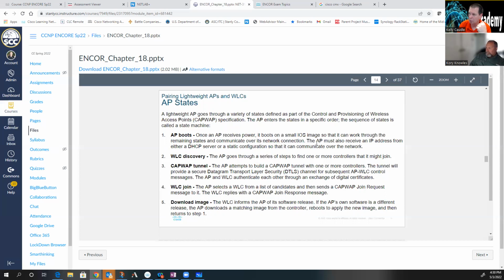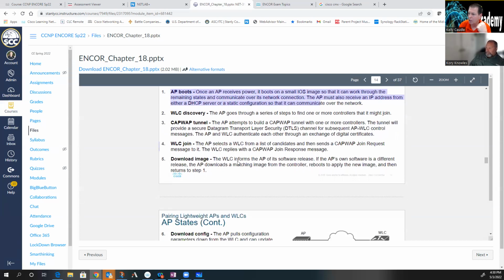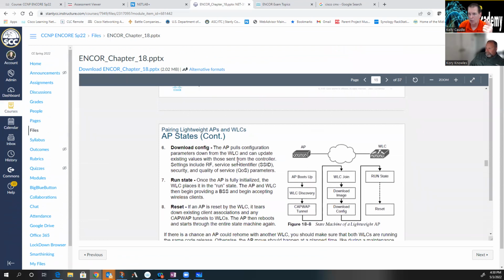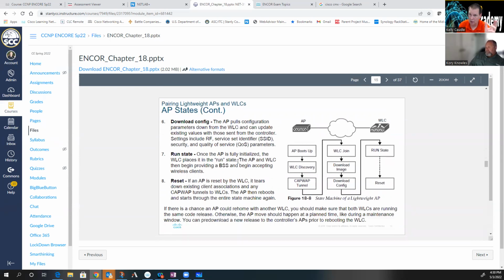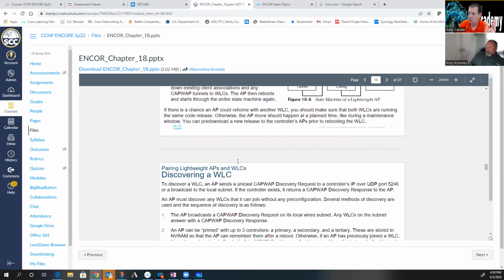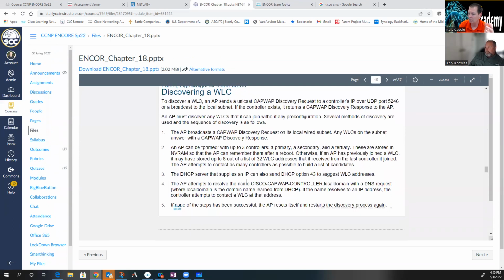If it doesn't see it on boot, then via DHCP, you can hand it a DHCP option, which will send it to where the wireless LAN controller is. Or you can have the AP look in DNS for special DNS information, which is called the Cisco CAPWAP controller.local domain.